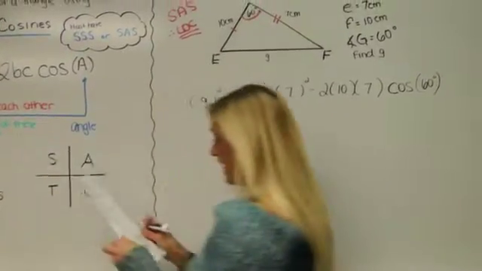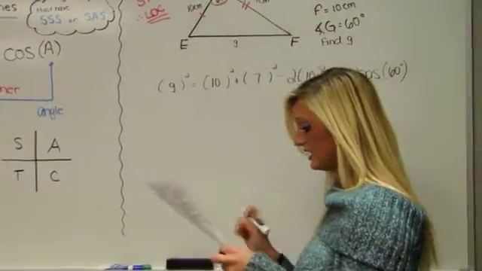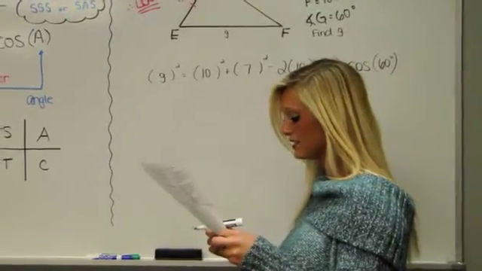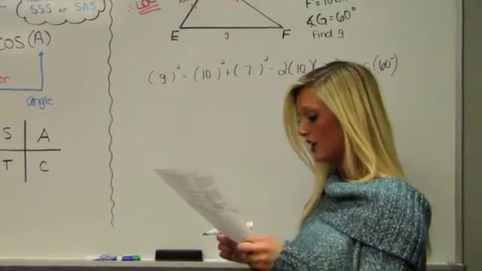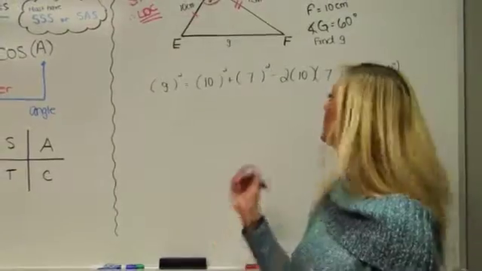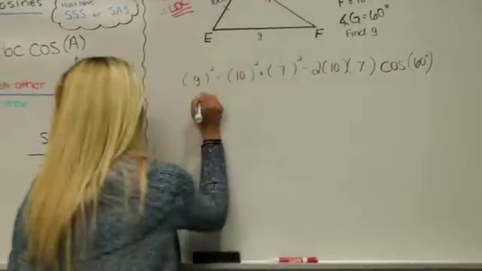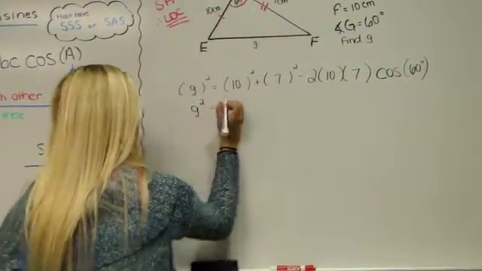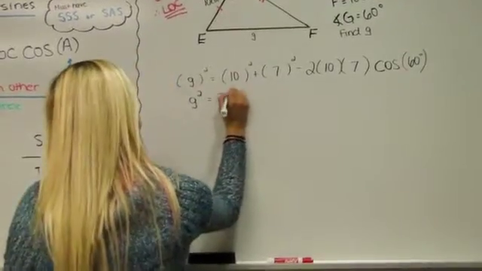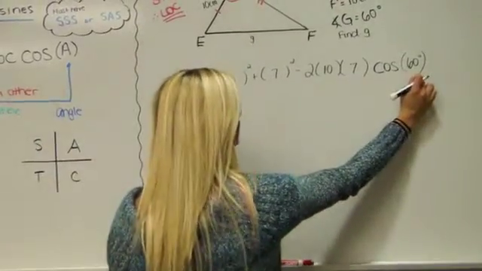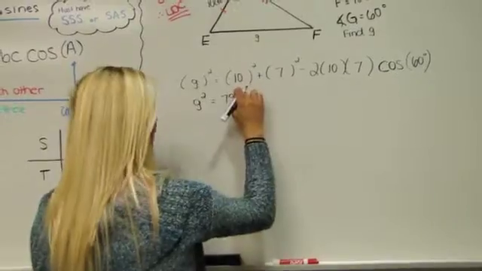Because the variable is isolated on the left side and the right side consists of nothing but constants, we can enter the entire right-hand side into the calculator in one shot. So you would have g squared equals 79 once you type this whole part of the equation into your calculator.